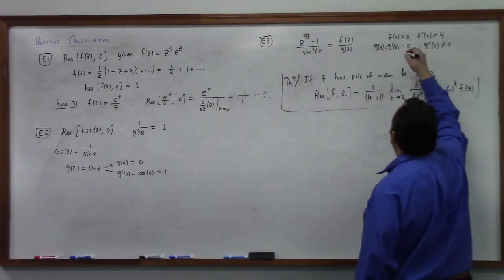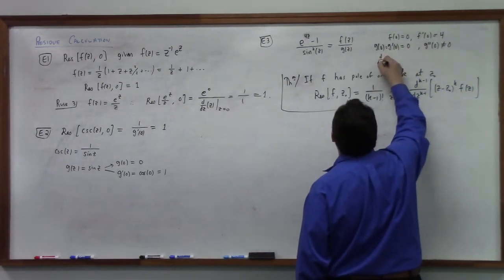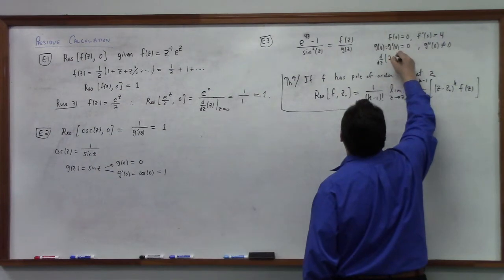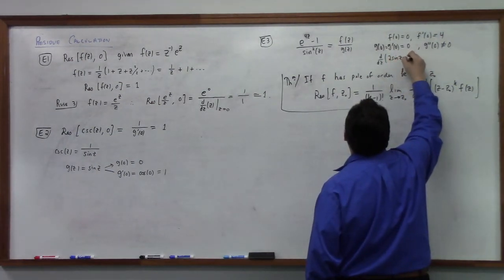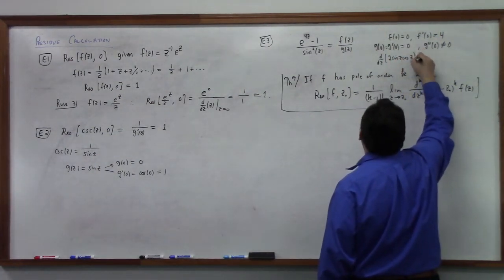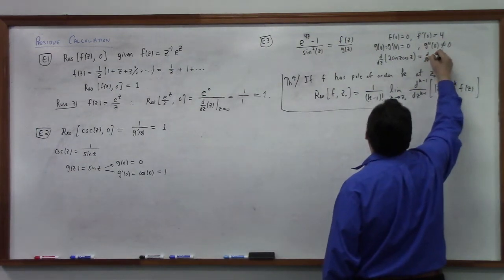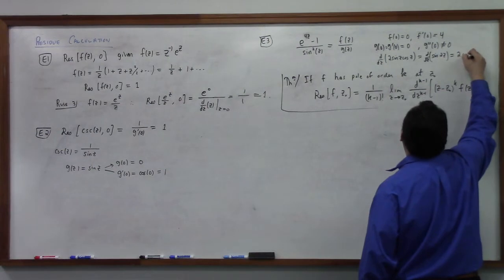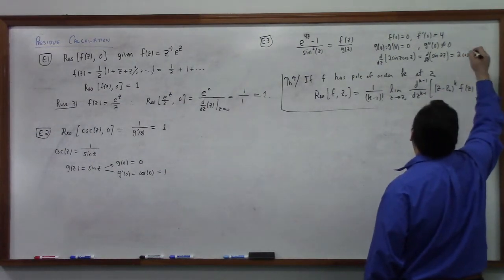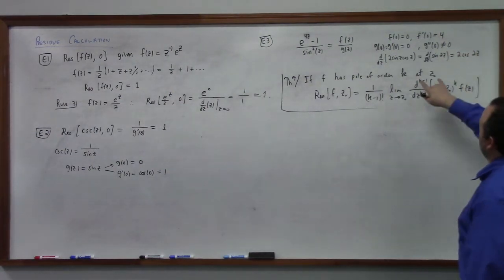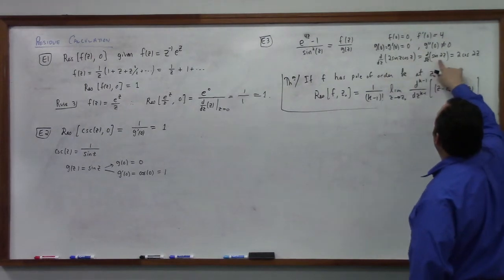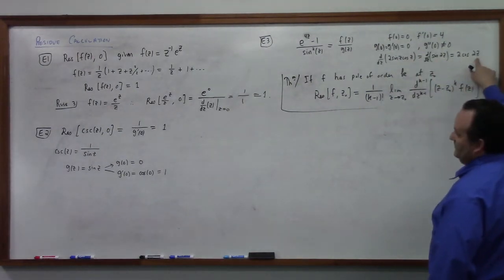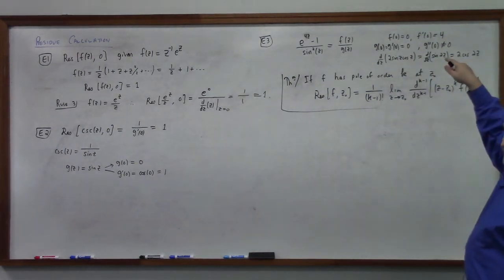Sine squared derivative. Okay, so d dz of 2 sine cosine, 2 sines, yeah? So that's d dz of sine 2z. You could rewrite that as, I think it's cosine 2. Yeah, that's 2. Well, this is sine 2z, which then differentiates to 2 cosine 2z, which when you evaluate at 0 is 2.